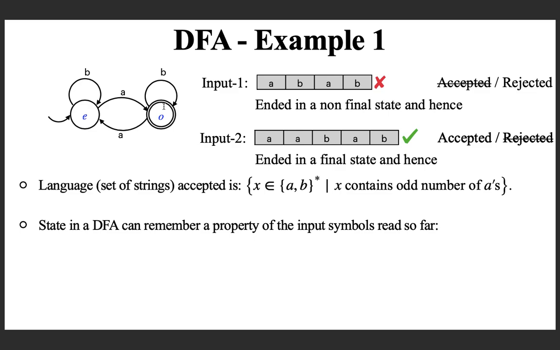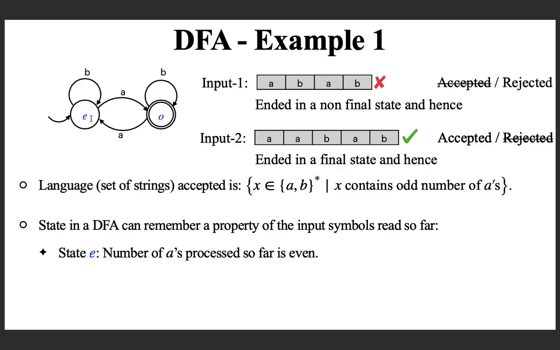These are the two possibilities. Before you start processing, you have not read any input, so the number of A's processed is 0. To start with, the status of the state is that the number of A's processed so far is even. Suppose you have processed an even number of A's; if you read a B, the number of A's is still even, because B is not going to change it, so you stay back.